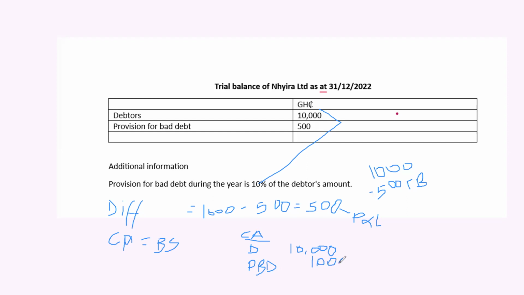So with less provision for bad debt, we get 9,000. So this is how we report these provisions in our profit and loss, and also in our statement of financial position.